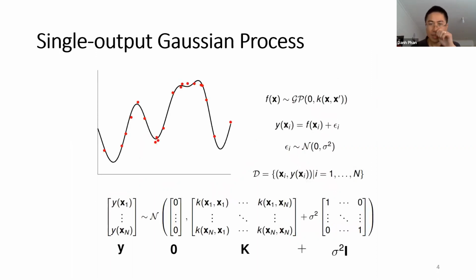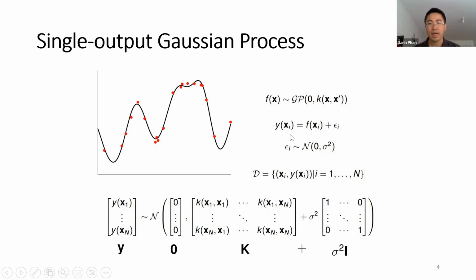So let's talk about a single output Gaussian process first. As in our previous section, we have our data set D, with elements Xi and Yi. And our data set is the red dots here, as you can see.